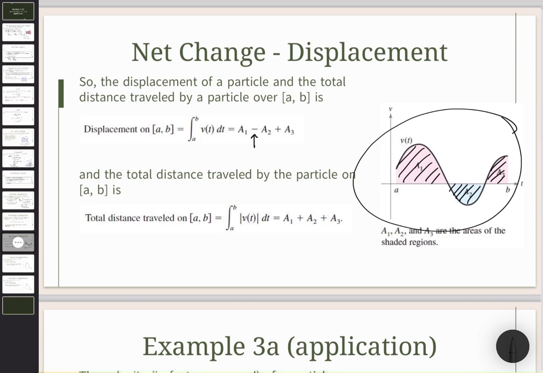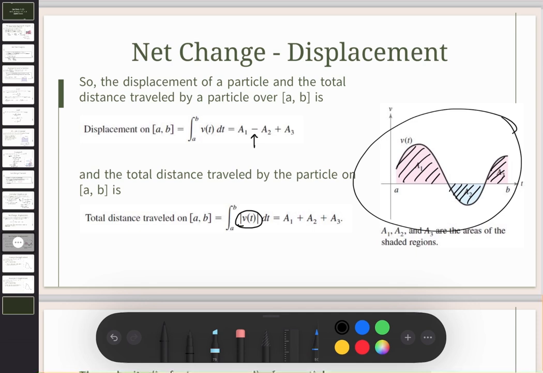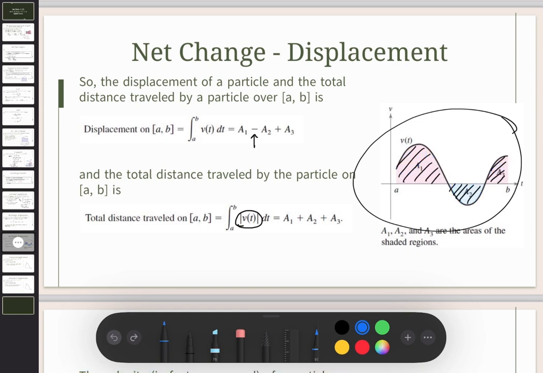So displacement does take into account positives and negatives, because displacement is really thinking about, okay, am I moving forward, am I moving backwards? Total distance, however, would just be the absolute value of this. Total distance would just say, take all of this area and just take the absolute value of it. So I'm going to be adding A1 plus A2 plus A3 to find my total distance.